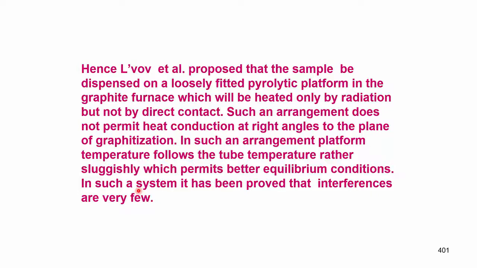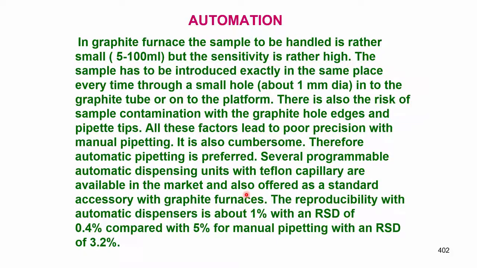So, when the tube is at maximum, the platform will slowly heat up to that temperature. There is a certain delay in which the platform gets heated, and the platform is under equilibrium conditions. Such a system has been proved to have very low interferences. So, this is a wonderful concept.